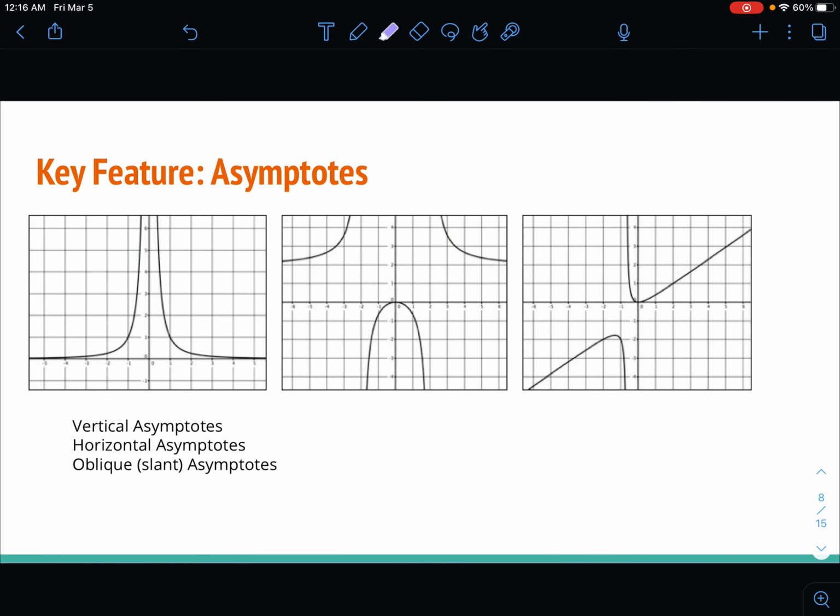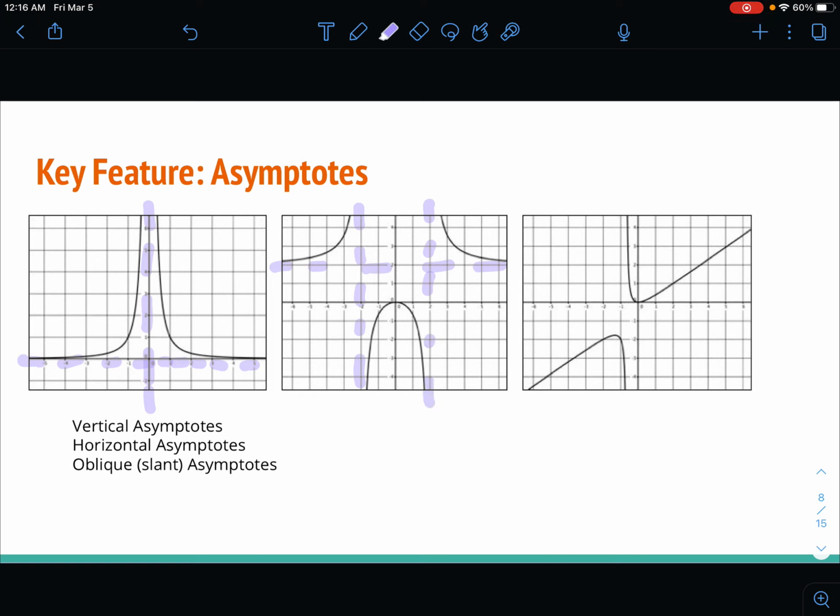Okay, so one of the key features we want to take a look at is our asymptotes. And we've talked about this quite a bit, so none of this should be too shocking. In this case, it looks like we have a vertical asymptote here and a horizontal asymptote here. Same with this one. Here's where we have a horizontal, and in this case, we actually have two vertical asymptotes.